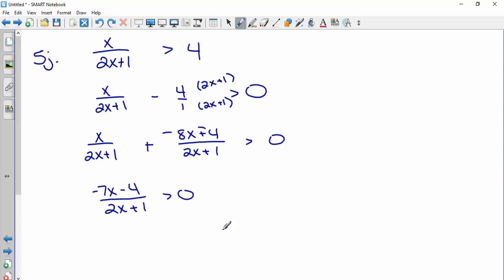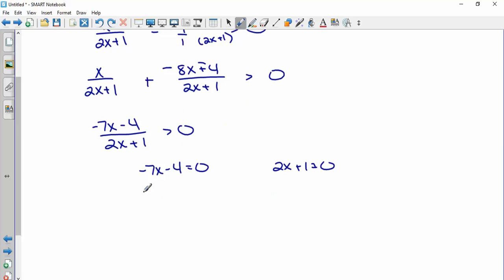Okay. Once you have a single fraction and a 0, that's when we set the top and bottom equal to 0. So if I add my 4, divide by -7, we get a -4/7. And -1/2.